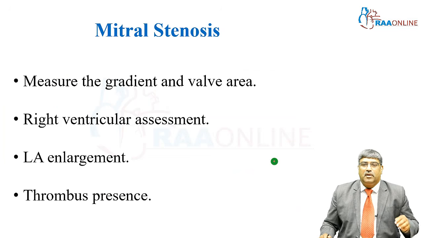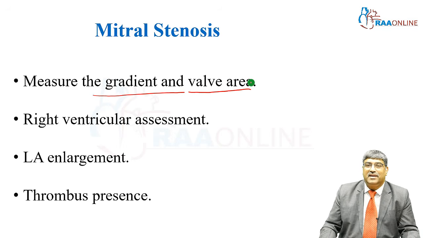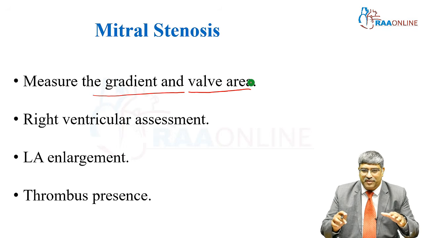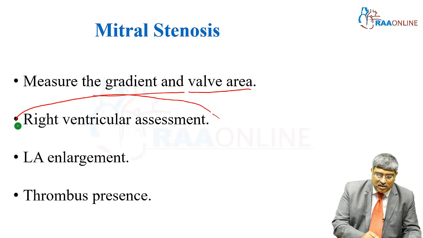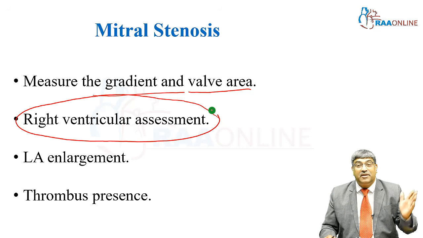Coming to mitral stenosis, here you look at the mitral valve gradient and the area and classify accordingly, and LA enlargement will be there, and this will reflect back on the right ventricle.